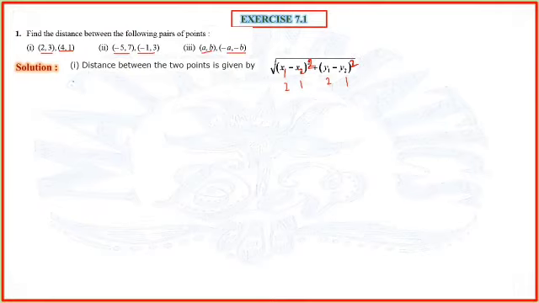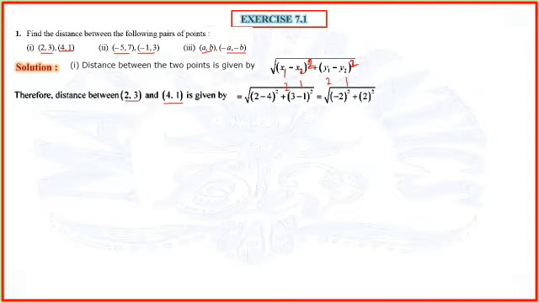Putting these values of coordinates in this formula, the distance between (2, 3) and (4, 1) will be written as 2 minus 4. You can do either x2 minus x1 or x1 minus x2. The thing is that you should subtract x coordinates and then y coordinates among themselves. So 2 minus 4 and then 3 minus 1. 2 minus 4 is minus 2, whole square, and 3 minus 1 is plus 2, whole square.